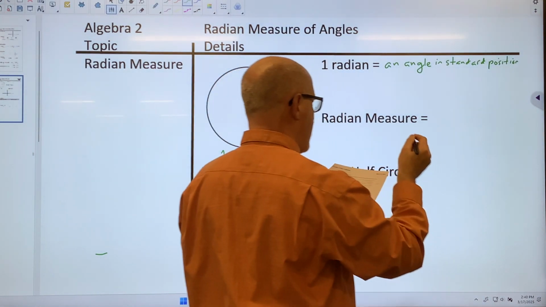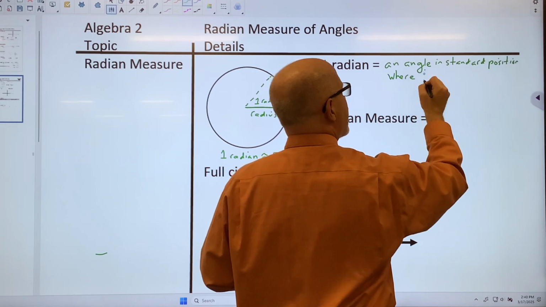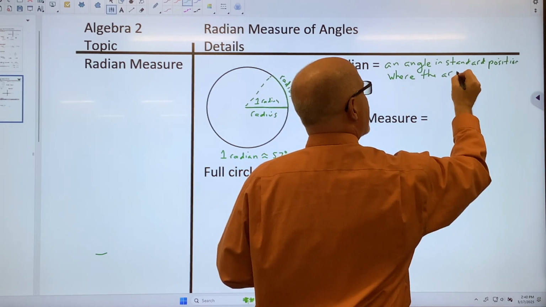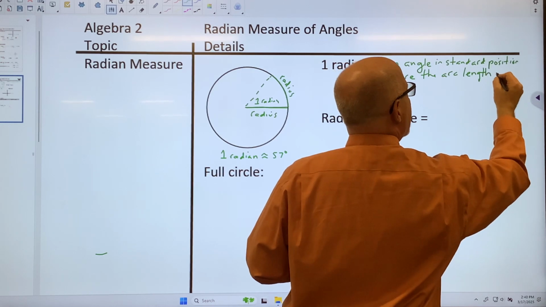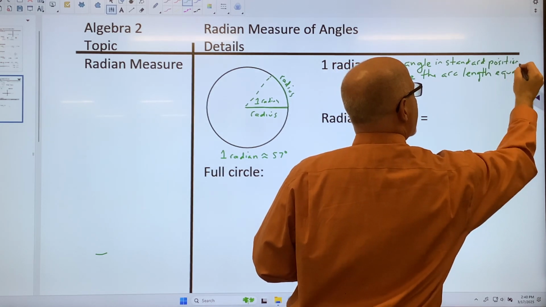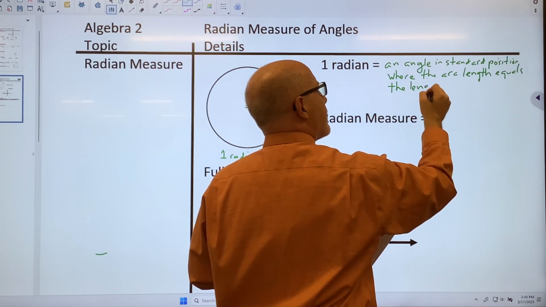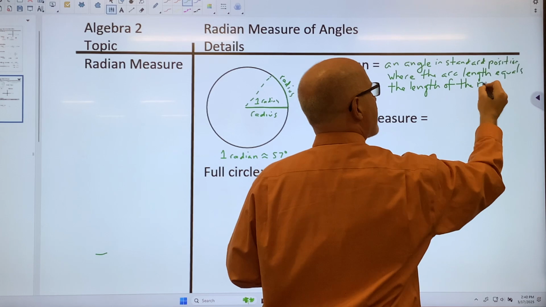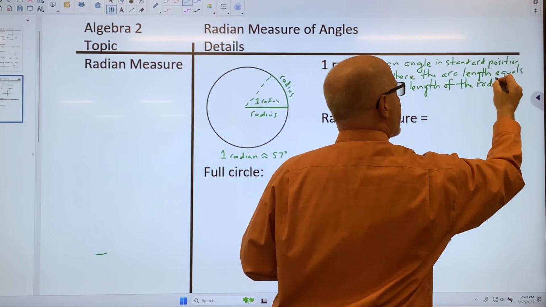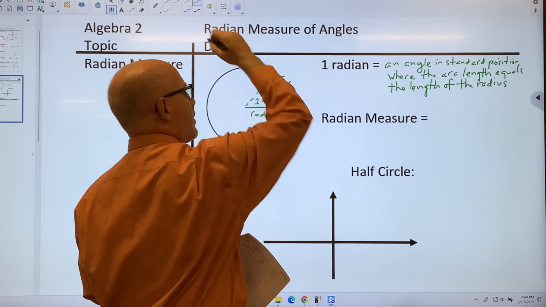So an angle in standard position where the arc length equals the length of the radius. That's what we showed here, that we've got that arc length equal to the length of the radius.